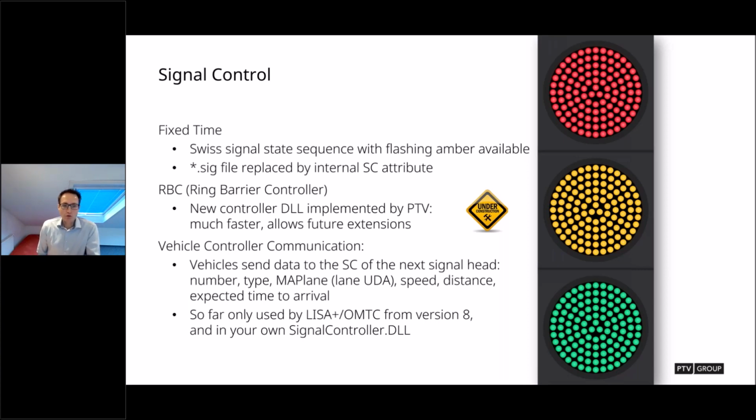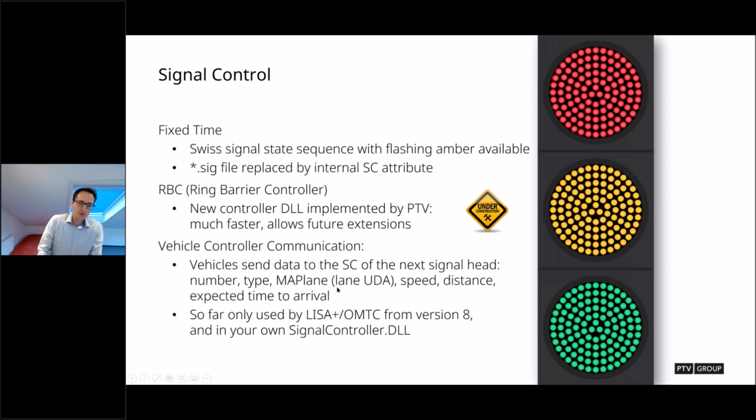And for vehicle controller communication, there is now a method where vehicles send data to the signal controller of the next signal head. If there is this map lane, as this is currently a user-defined attribute, you need to add that.